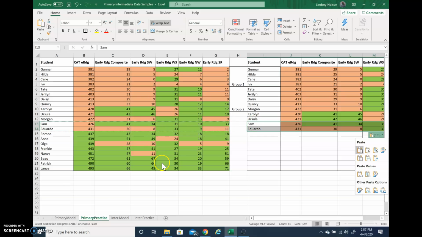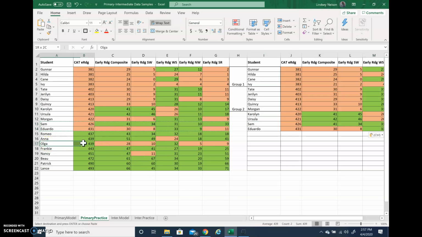Now, as I look over here at my remaining students, I see one other student that potentially would be a better fit in group 3 than waiting until group 4, and that is Olga. What I noticed about Olga is that although she has a 439 here, there's a lot of red showing non-proficient areas across her early reading assessment.